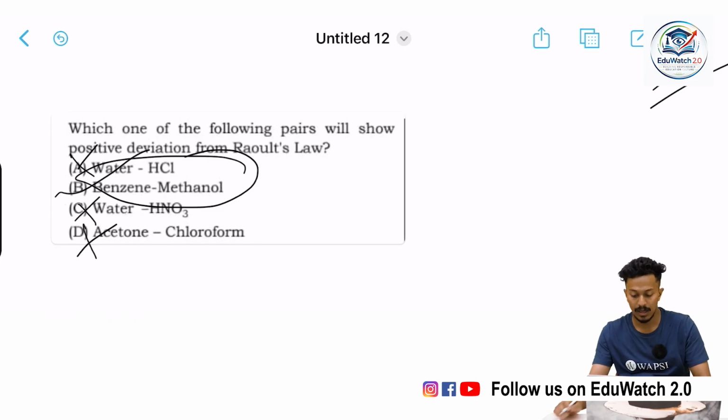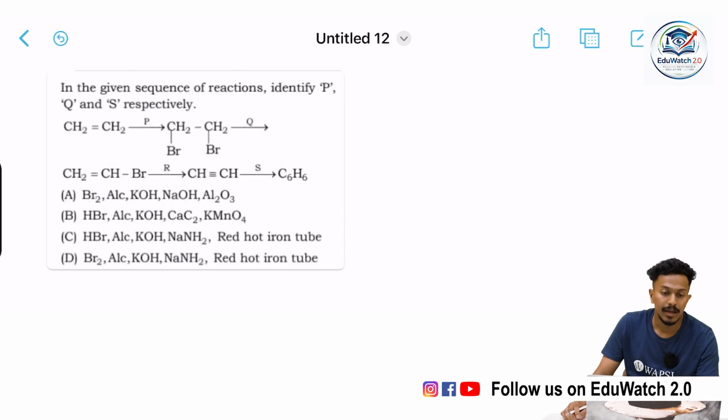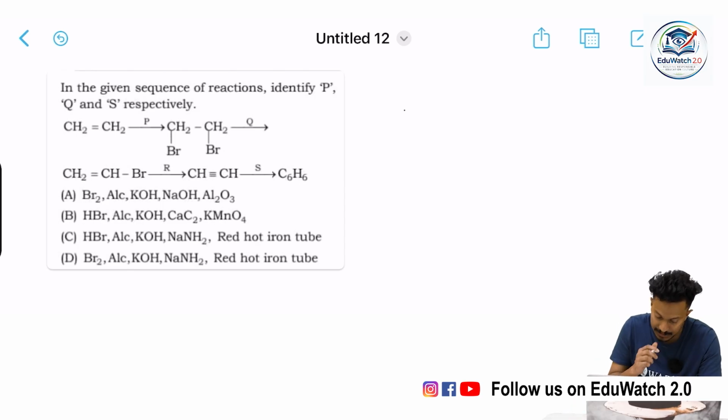Our next question is, in a given sequence of reaction, identify P. The given sequence of reaction has P, Q and S. Here an ethene, a double bond, is treated with compound P, then treated with Q, which gives a bromo alkane. What might be the answer for this?